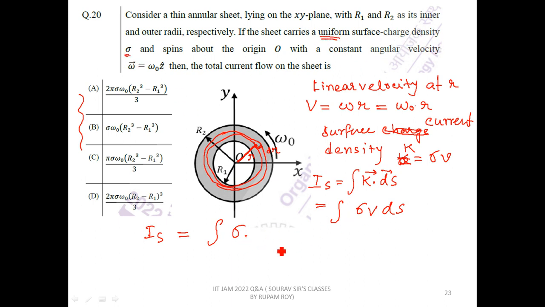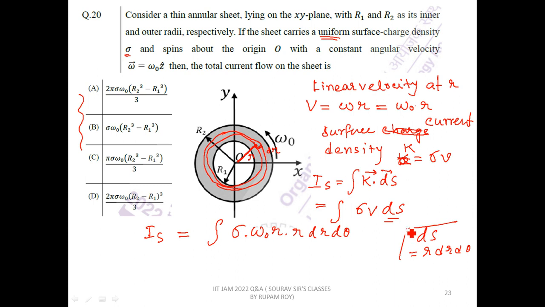So sigma V means sigma omega 0 r into ds. In polar form, ds is what? Ds is r dr d theta. In polar form, ds is equal to r dr d theta.